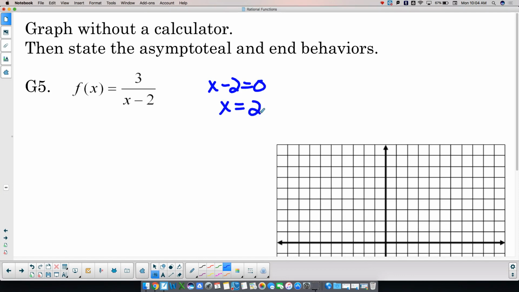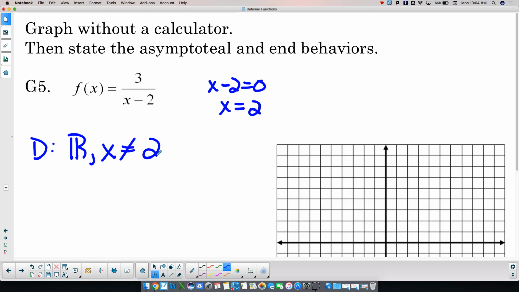From there now, what can I say based off of that? What is my domain? What else can I say based off of step number 1?